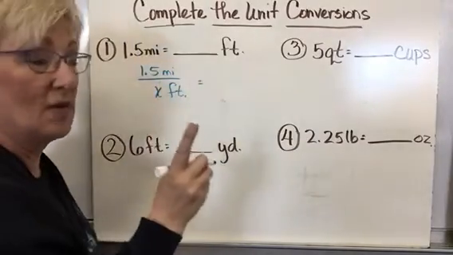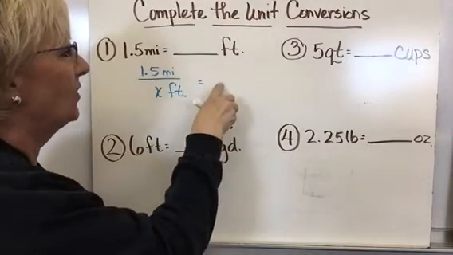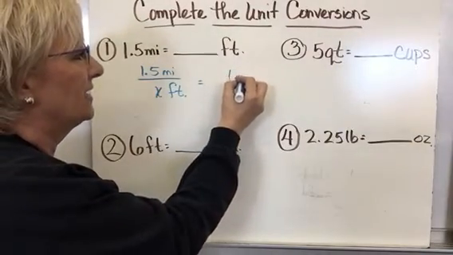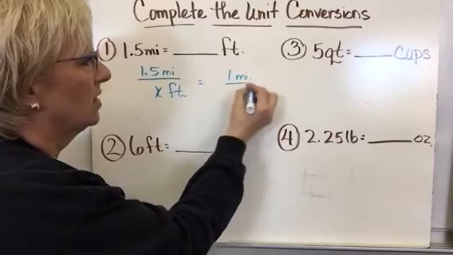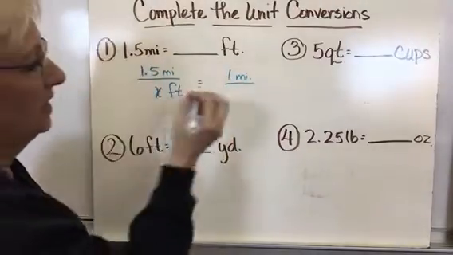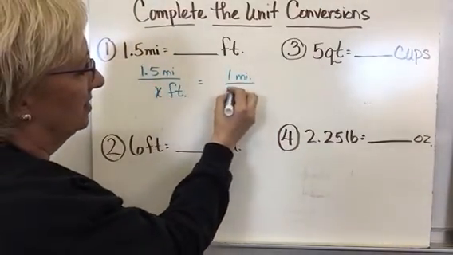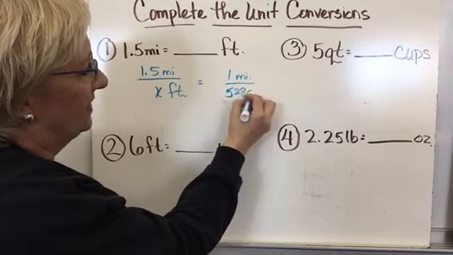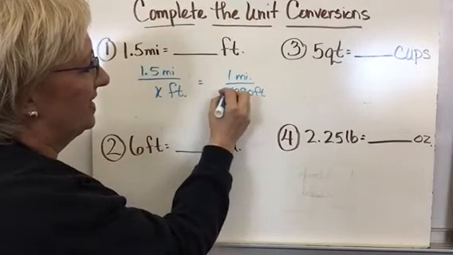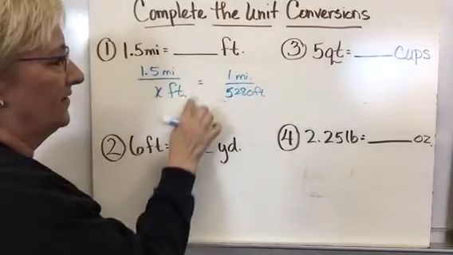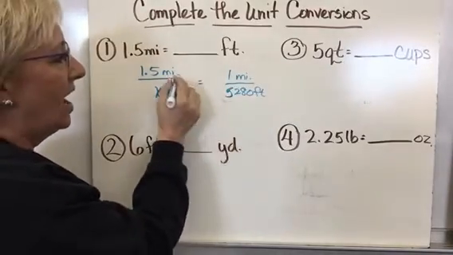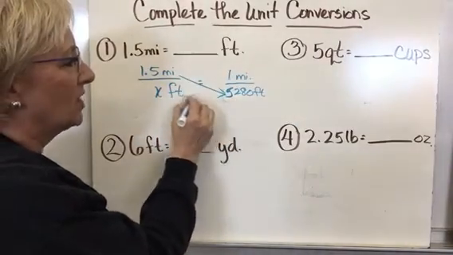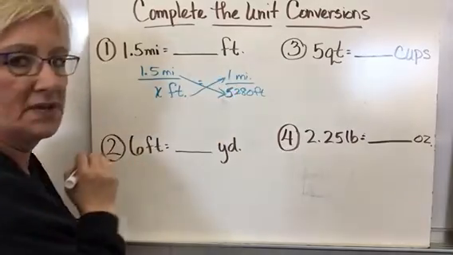What I do know is that 1 mile is equal to 5,280 feet. Okay, and I'm just going to keep the feet in there, miles to feet, miles to feet. Now, I'm going to do exactly what we did when we were talking about proportions. I'm going to cross multiply.